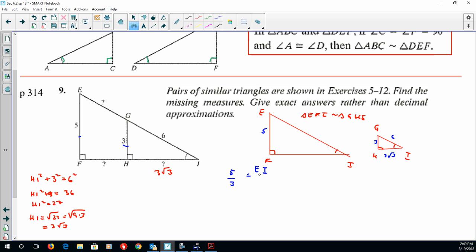Okay. So multiply both sides by 6. That's going to be 10, and that's EI.